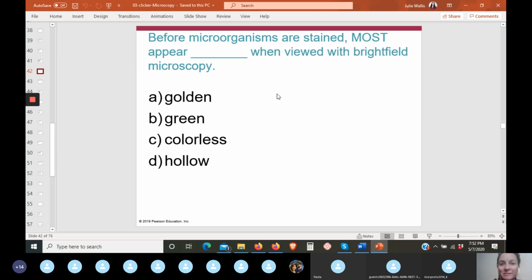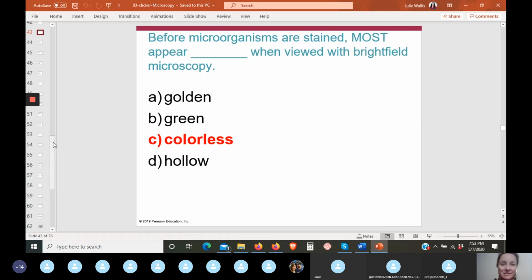All right, before microorganisms are stained, most appear blank when viewed with a bright field microscope. This would be an interesting one. That is colorless. So the reason that we have all of these different staining techniques that you're going to learn in chapter 3 is because cells are clear, and when you look at them through the microscope, you can't see anything unless you stain them.